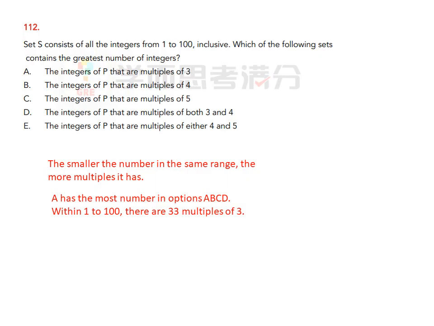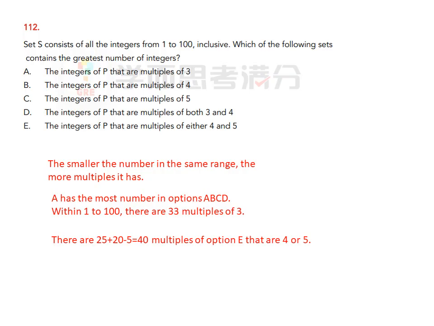Now come to the next option, that is E. So the integers of S that are multiples of either 4 or 5. So there are 25 plus 20 minus 5 equals 40 multiples that are 4 or 5.